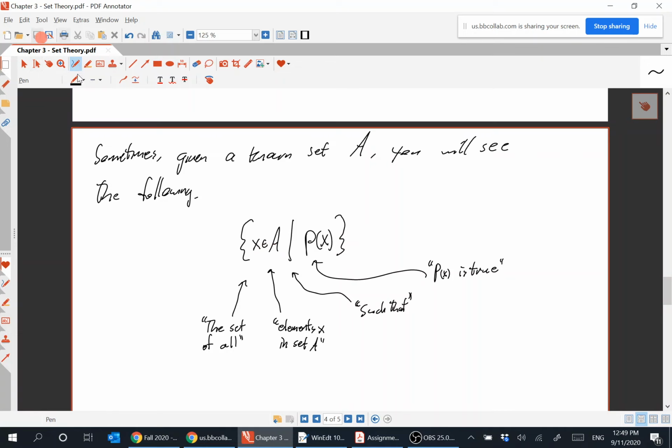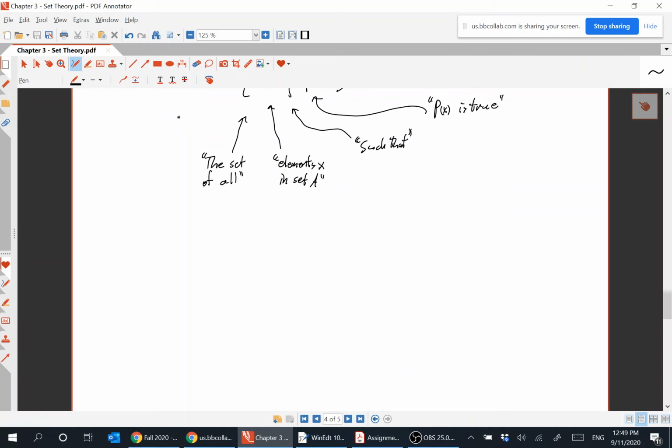All right, so for example, here are some known sets that we can work with to do set builder notation. The set of natural numbers. Depending on who you ask, it either has the 0 in it or doesn't have the 0 in it.